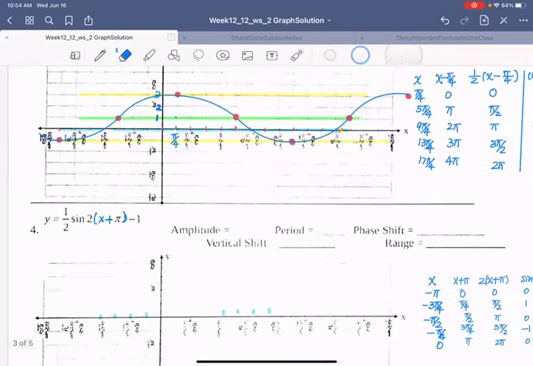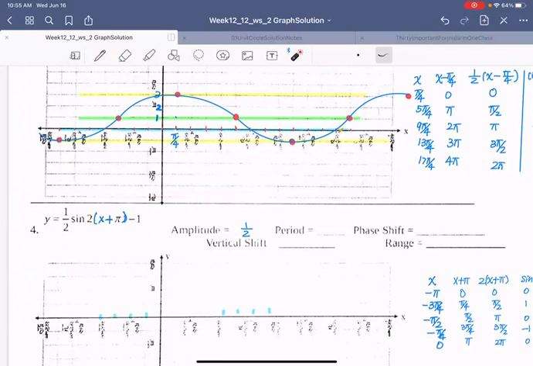Okay, so we know the amplitude is 1/2. And the phase shift is pi. Wait, there's like a stretch in front of the parentheses, so what does that mean? This one? No, the 2 over there. That's in control here. Oh, okay.